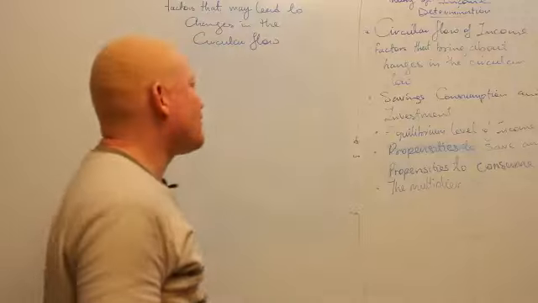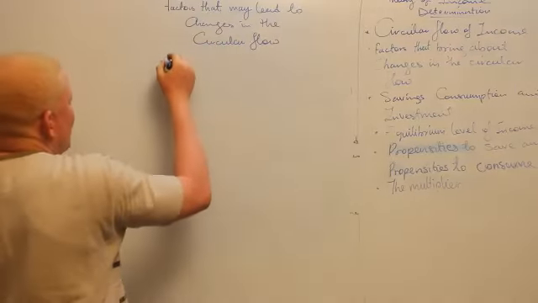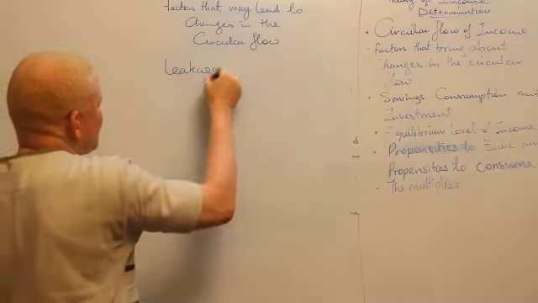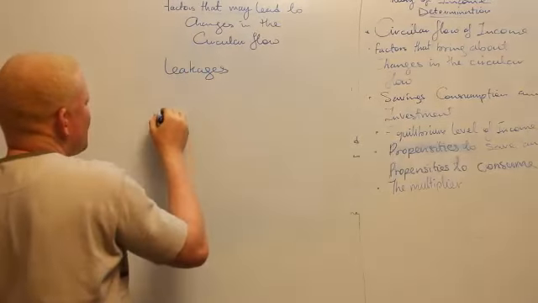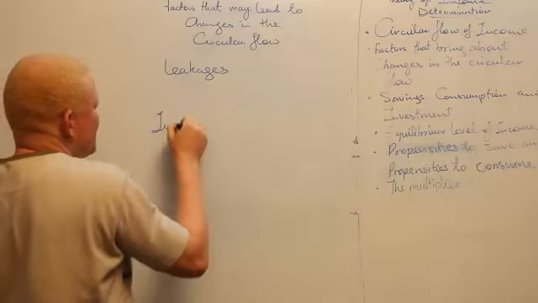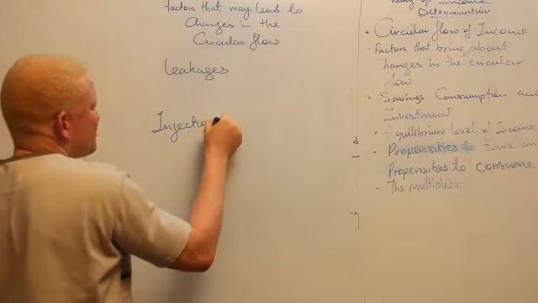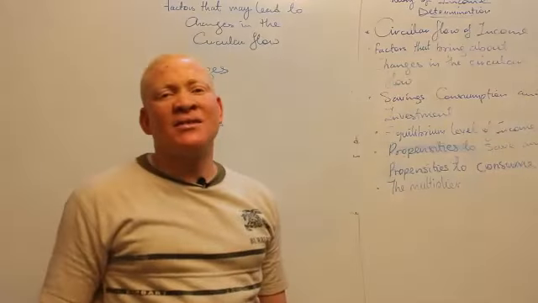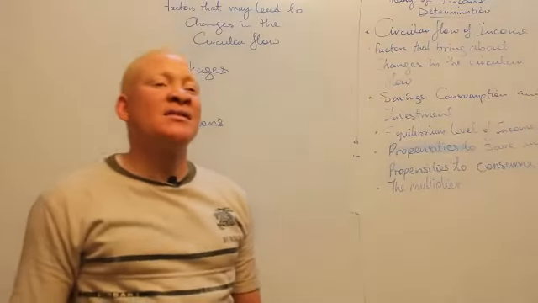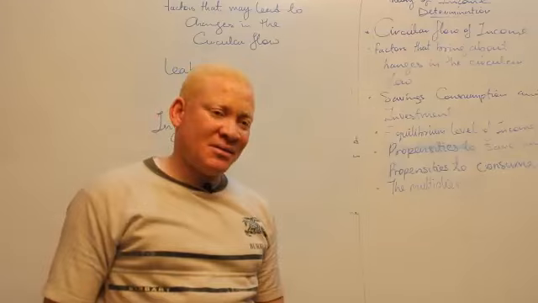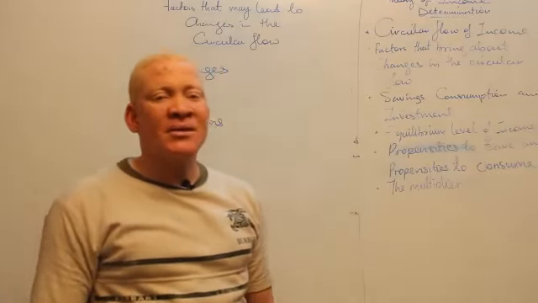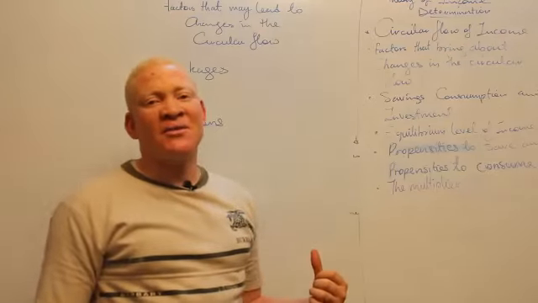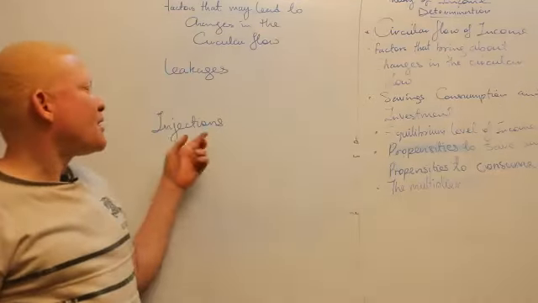We have factors that are classified as leakages, and the ones that are classified as injections. Any variable or factor that has the tendency of increasing the value of income in the circular flow is referred to as an injection.